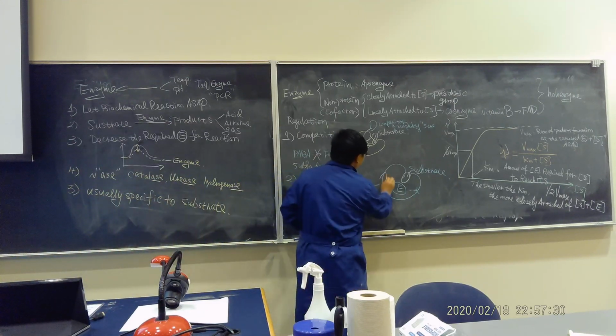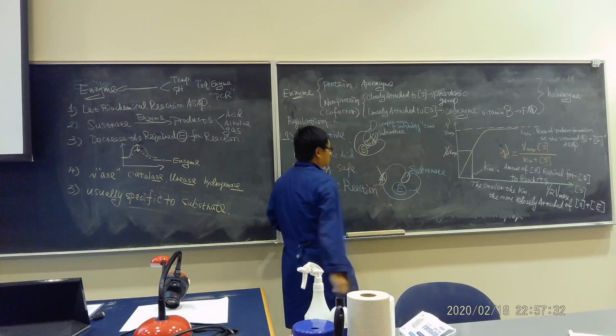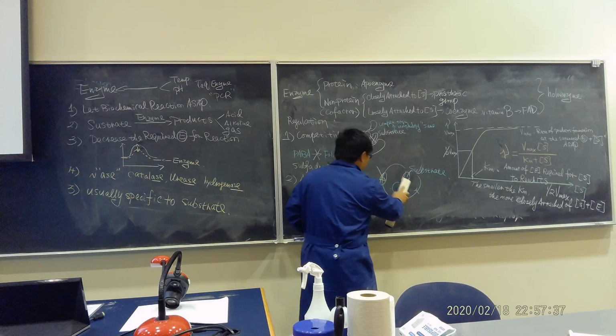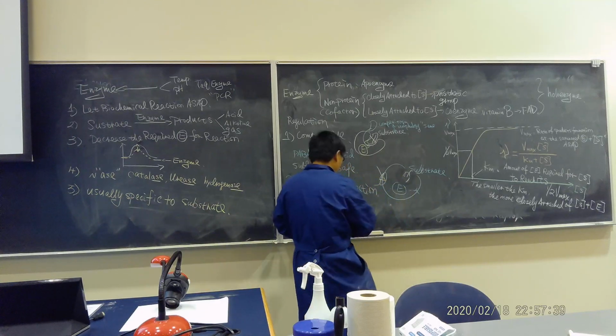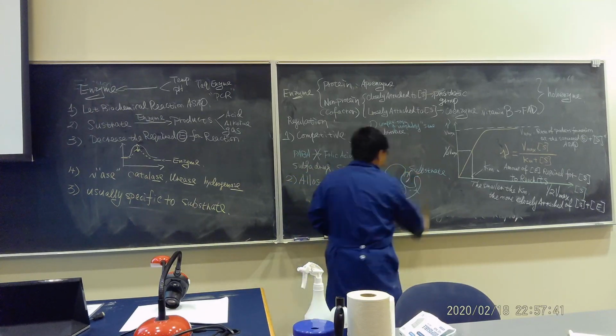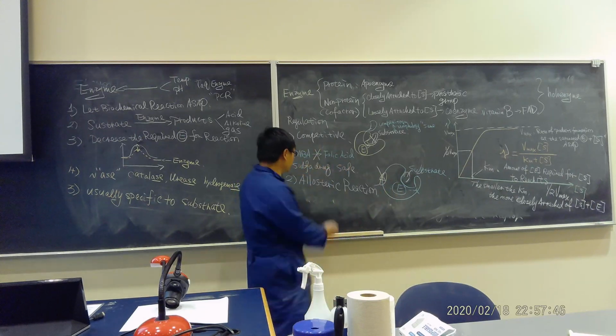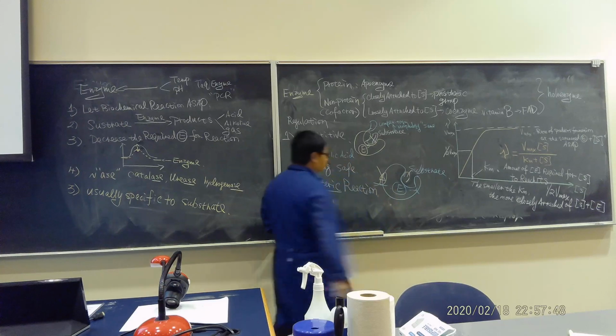I'm going to do something attacking here. Then your morphology is going to change. You do not stay like this at all. You may become like this. So the substrate cannot attach and cannot react. And this is called allosteric reaction.